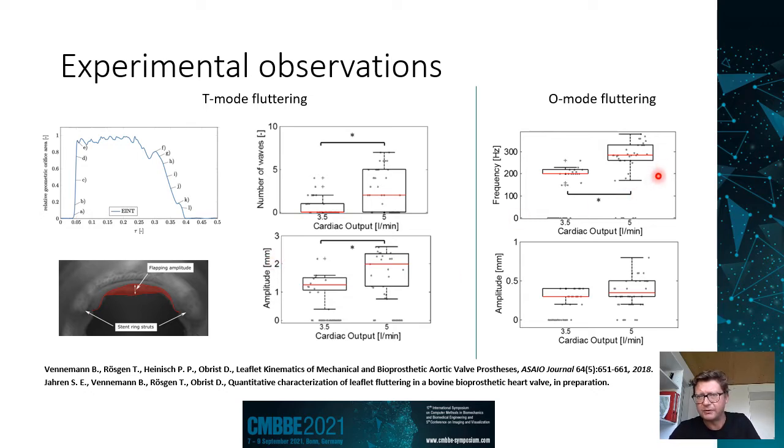The O-mode fluttering is a high frequency process between 200 and 300 hertz, and the amplitudes are very small, below 0.5 millimeters. Now, this instability, a fluid-structure interaction instability, will of course also have an effect on the flow field and vice versa.